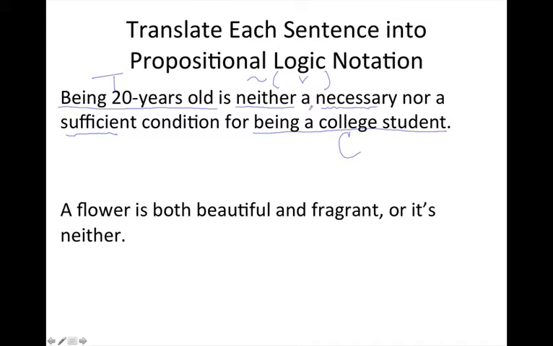So let's start with what would happen if we didn't have the neither. So suppose we said being 20 years old is a necessary condition for being a college student. We would then say C horseshoe T. Being 20 years old is a sufficient condition for being a college student.